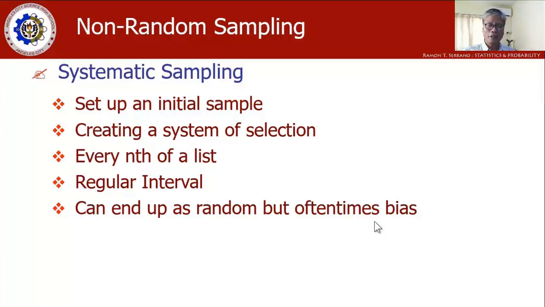However, it can end up as random, but oftentimes it is biased. Why? Because if the list you created is not randomly created at all, maybe every 5th could belong to one group only, and so you're not able to get a good combination of the characteristics of your population, or your sample, I mean.